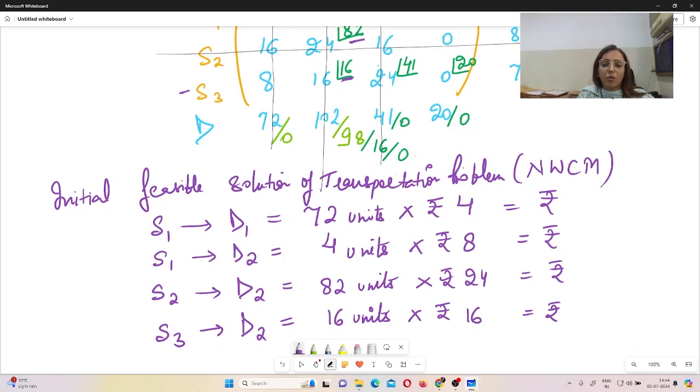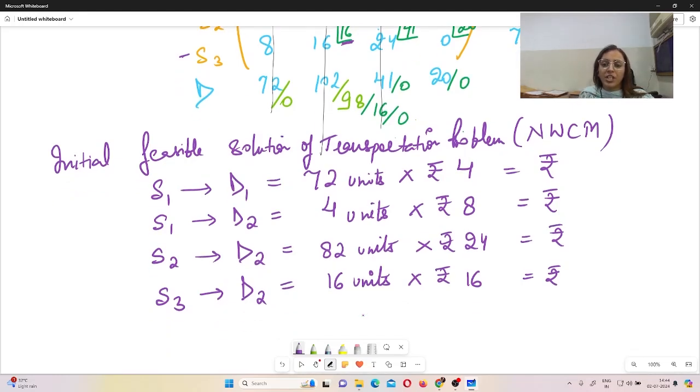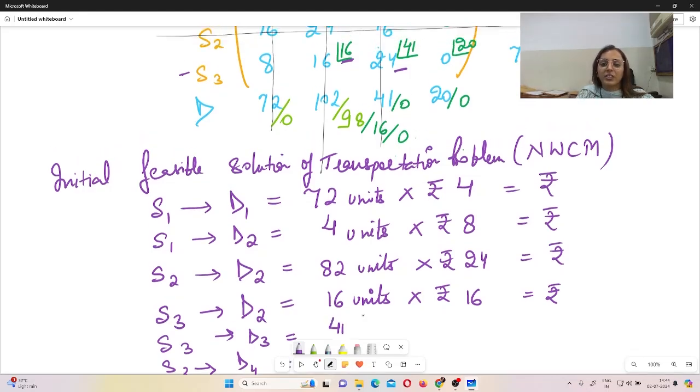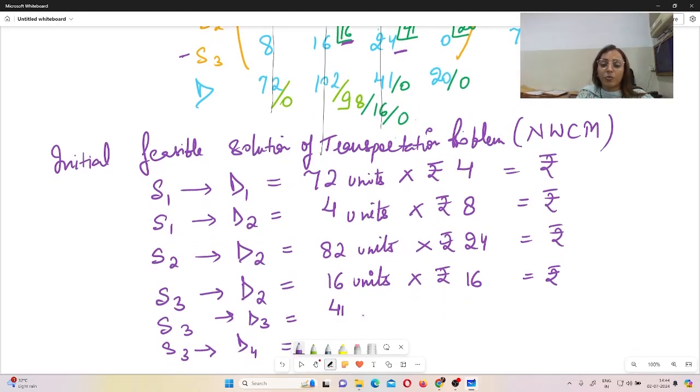But from S3, we have supplied not only to D2 but also to D3 and D4. So write it over here, S3 to D3 and S3 to D4 also, right? You have to write each and every unit from where you have transferred the goods. From this, we have transferred 41 units at a rate of rupees 24.